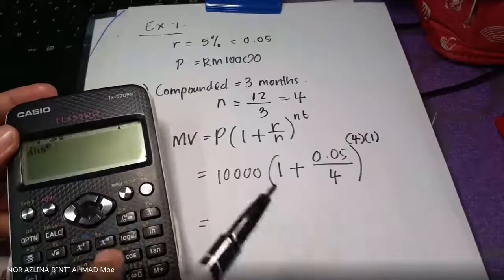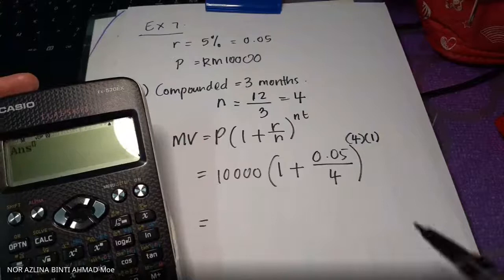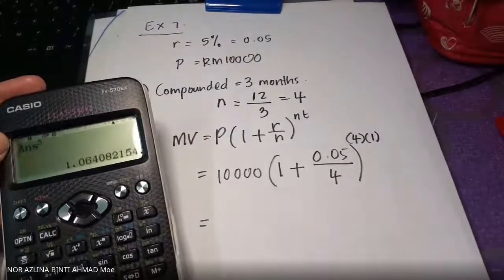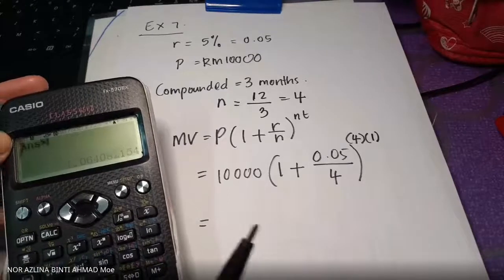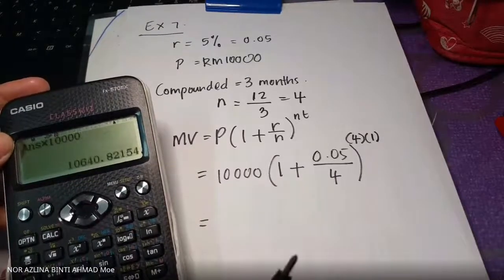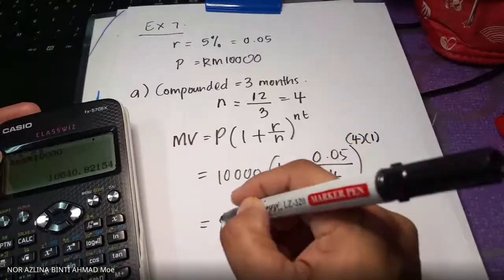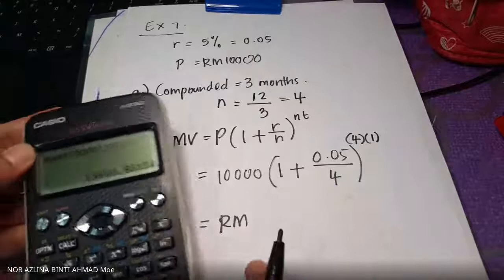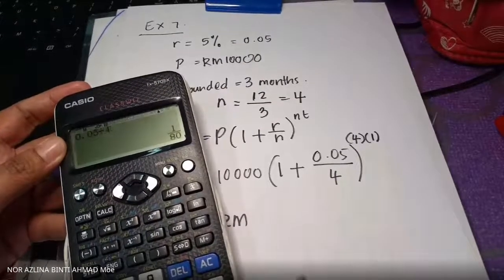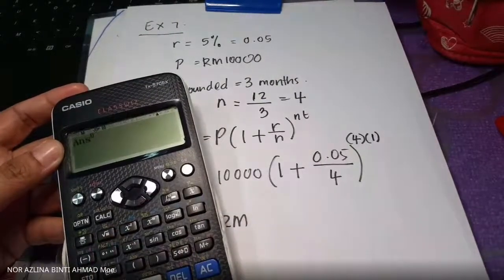Then power of 4 multiply 1, so power of 5 equal. Then you multiply 10,000. I press again. Why is the answer not the same? 0.05 divided by 4, plus 1, and this is power of 4.